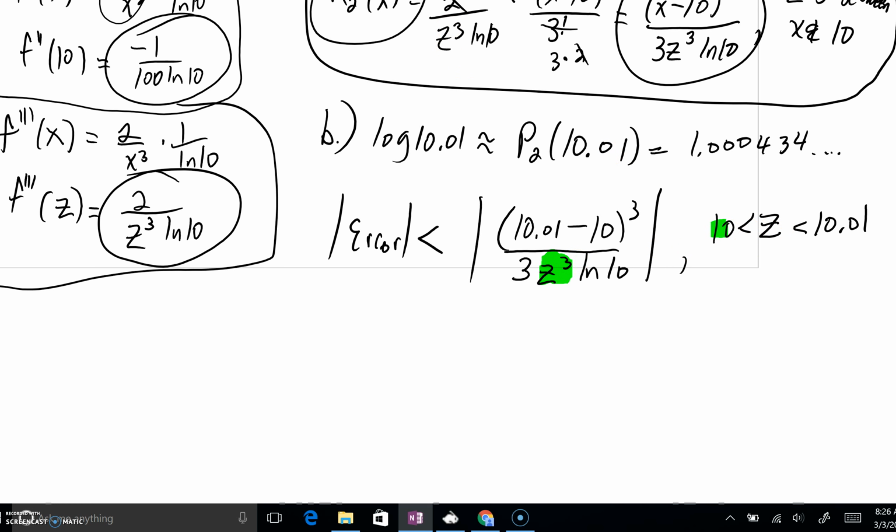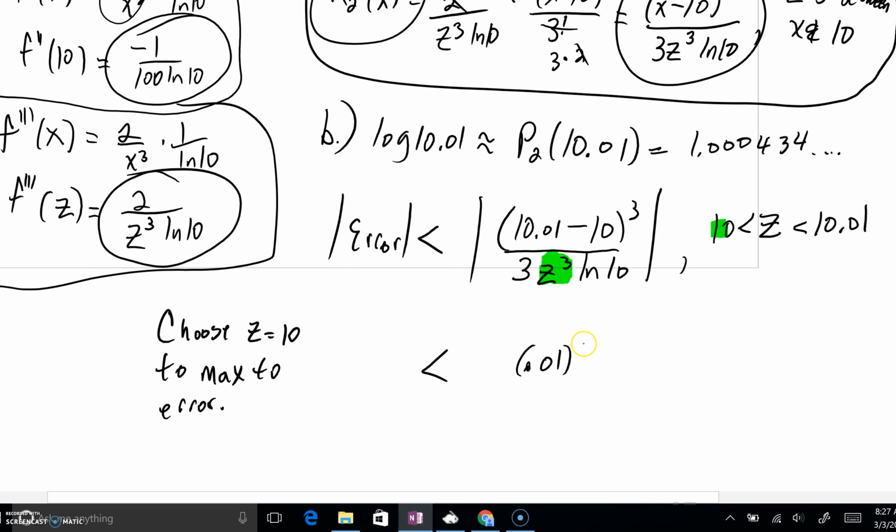So look, even though I don't know exactly what z is, we're going to choose z to equal 10 to maximize our error. We want to make that denominator get as small as possible. So in other words, our error is going to be less than, well, 10.01 minus 10 is just your 0.01 to the third. And down here we'll have 3 times 10^3 times ln 10.